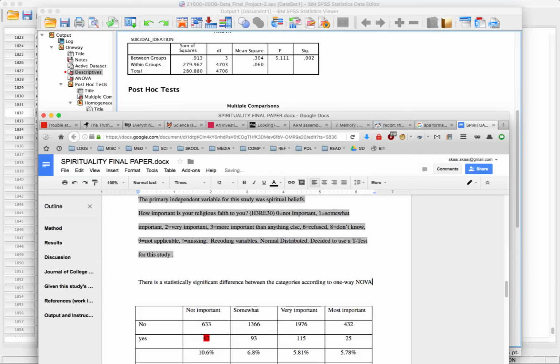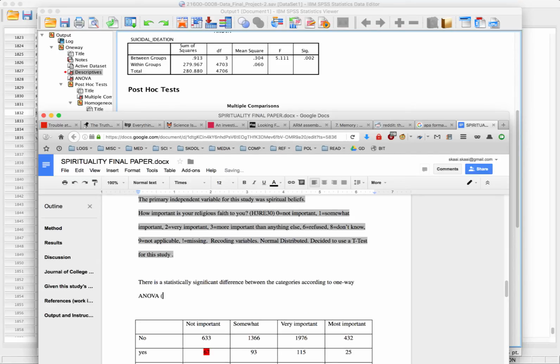And we usually report the F value here. That's F(3, 4703) equals 5.111. P-value equals 0.002.